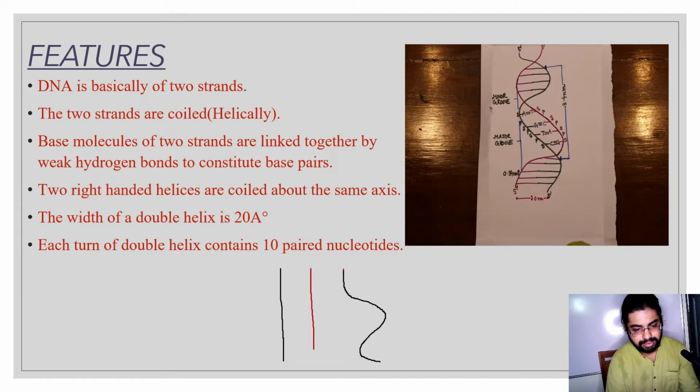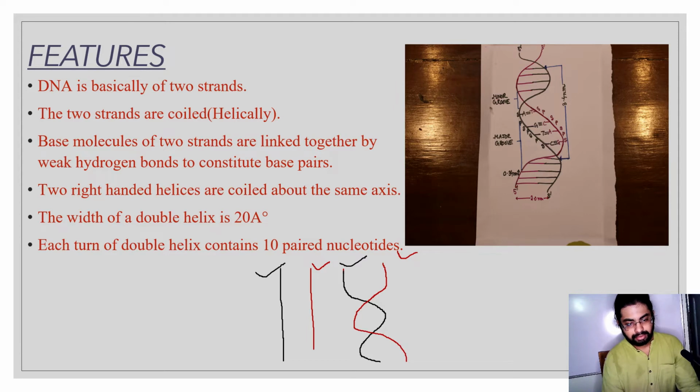So these two strands are coiled around an axis. Yellow color is the axis. These two strands are coiled helically around an axis, and the base molecules of the two strands are linked together by weak hydrogen bonds to constitute base pairs.